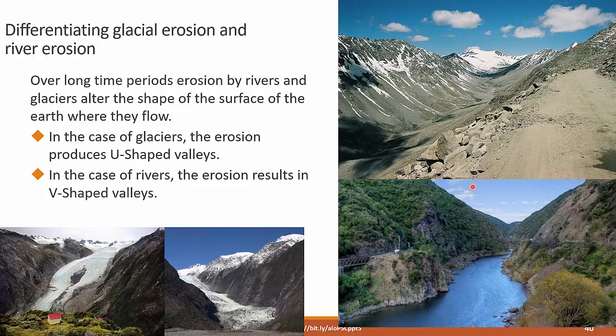Other landforms are what we call valleys. We have examples of valleys. Here first, look at some pictures here of glaciers. Glaciers are water rivers. So instead of having water flowing, glaciers are ice rivers. Instead of having water flowing, we have ice flowing.